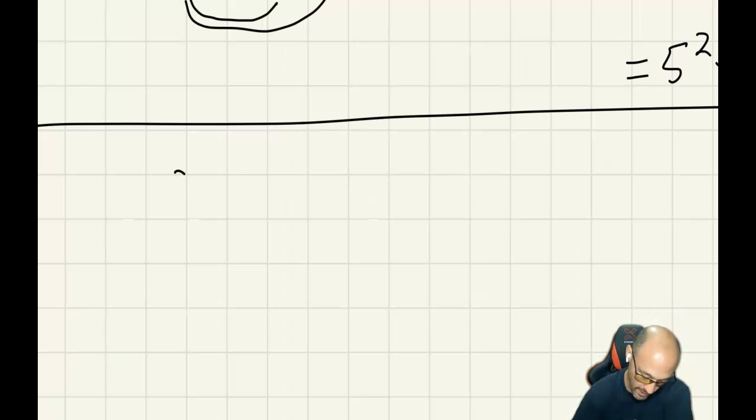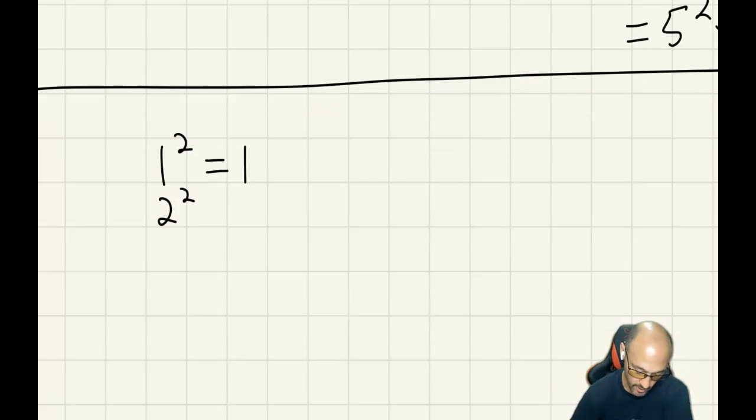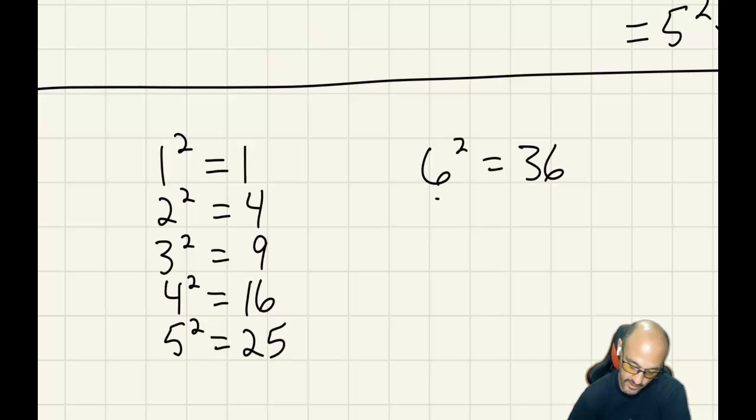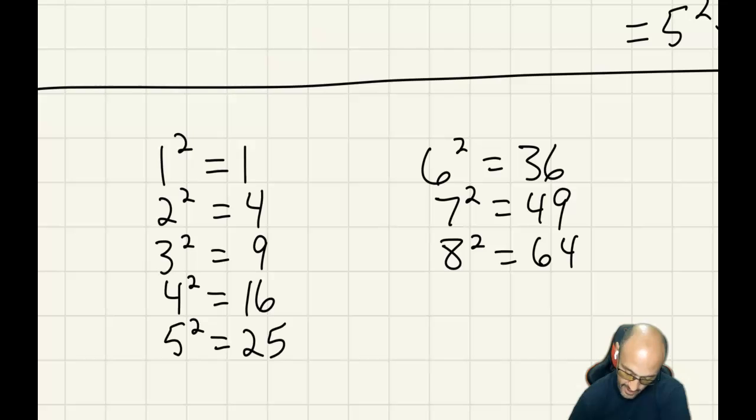So 1 squared is 1 because 1 times 1 is 1. 2 squared is 4. 3 squared is 9. 4 squared is 16. 5 squared is 25. 6 squared is 36. 7 squared is 49. 8 squared is 64. 9 squared is 81. And 10 squared is 100.